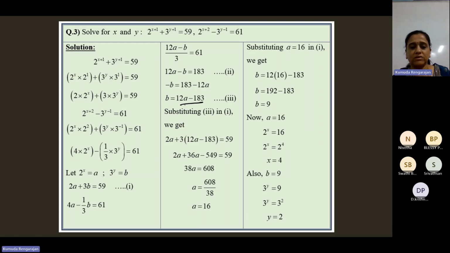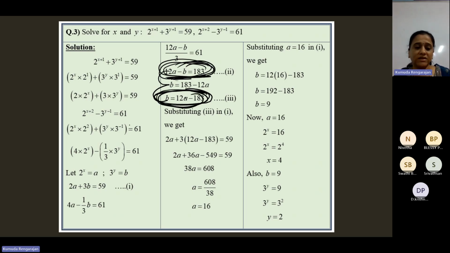So substitute this in the first equation. In place of b, use 12a minus 183. See, from which equation did you get b is equal to 12a minus 183? From this equation. So don't substitute this in the same equation from which you got it.